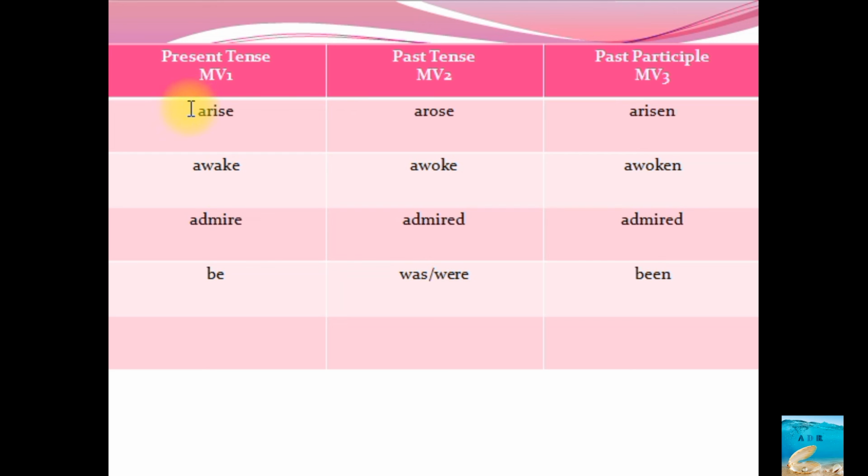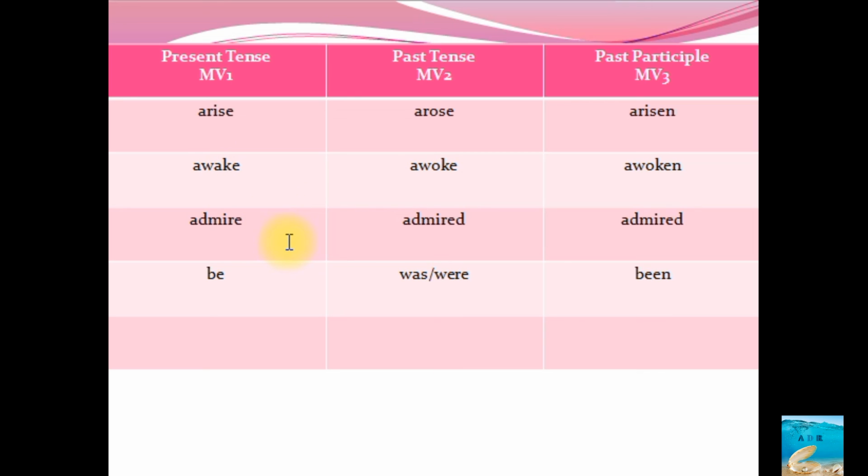These are some examples of MV1, MV2, MV3: present tense, past tense and past participle. There is a fourth column as well, called present participle, which I have not included. Why? If you just use MV1 plus ing, it becomes present participle.